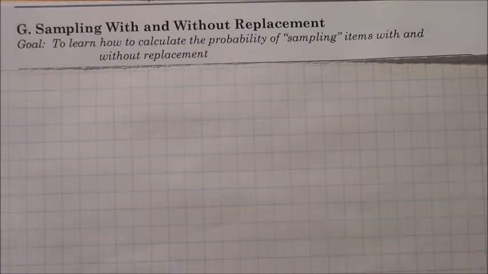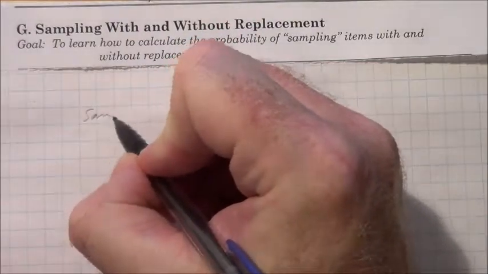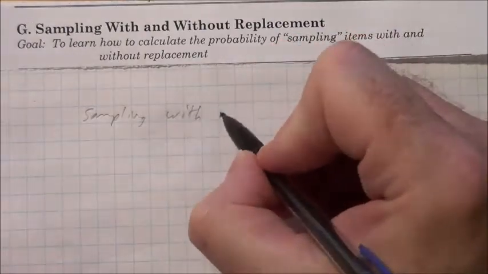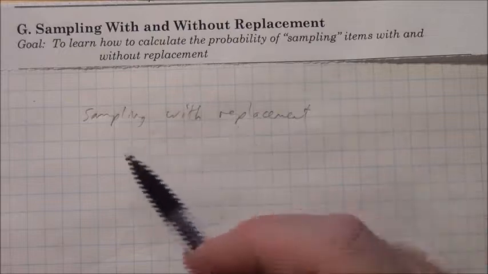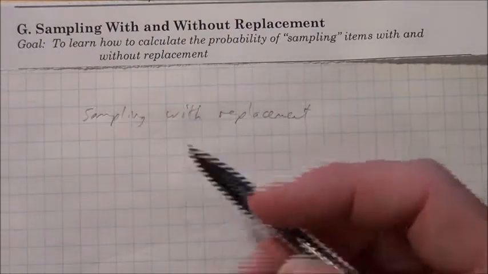If we sample some item, and then put it back before the second item is removed, that is called sampling with replacement. If we have the replacement, then the second time we sample, there's the same number of items that we began with.